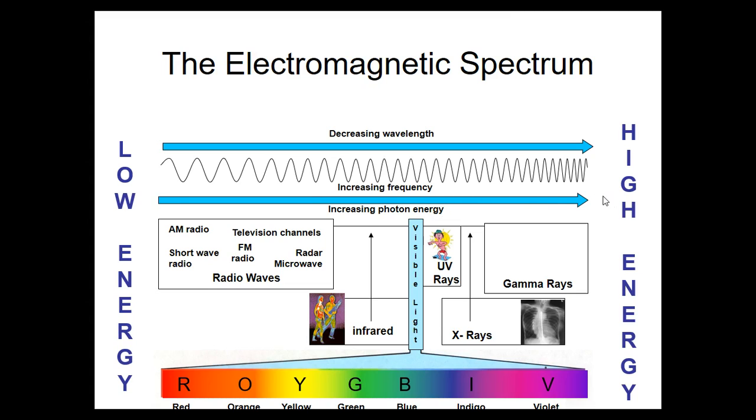Notice also that electromagnetic radiation is very unique: it can travel through a vacuum. That is why we can get heat and light from the sun. We have basically a vacuum out in space, and if that weren't the case, we wouldn't get any energy from the sun, and our planet would be devoid of life.